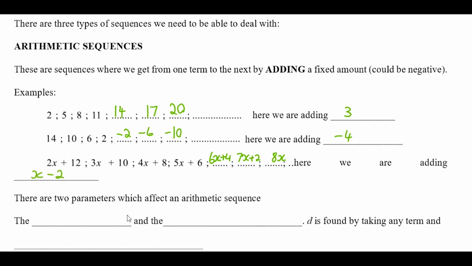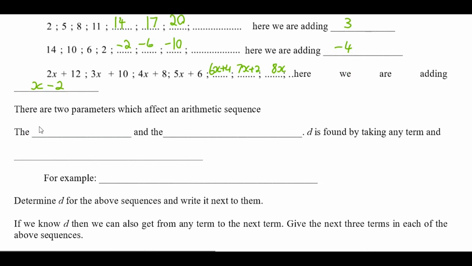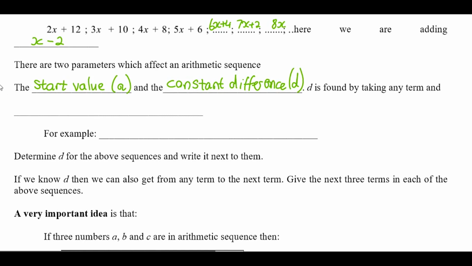So there are 2 things which affect an arithmetic sequence. The starting number, start value, which we're going to call A, and the common difference or constant difference, which we'll call D. Okay, D is found by taking any term and subtracting the previous term.